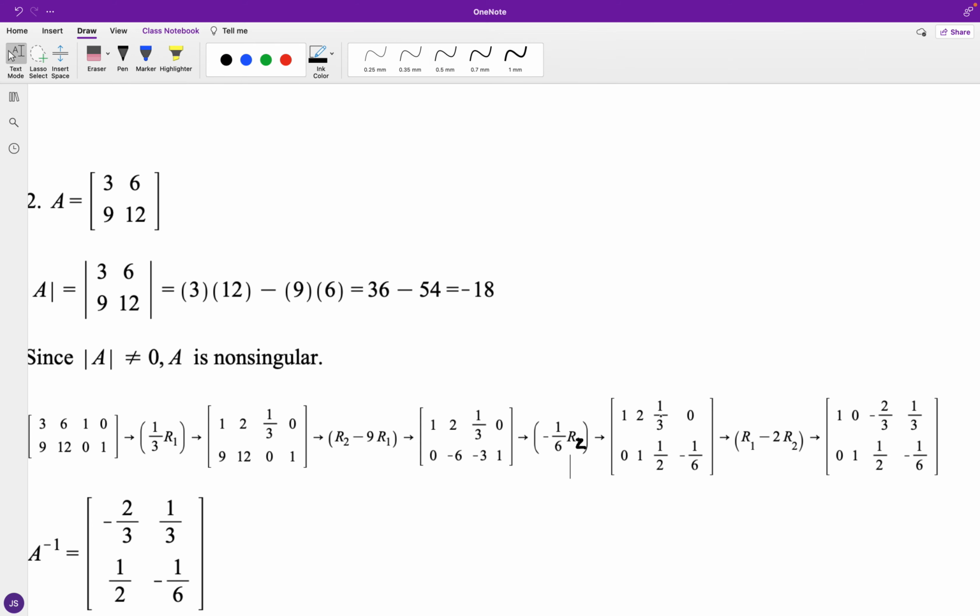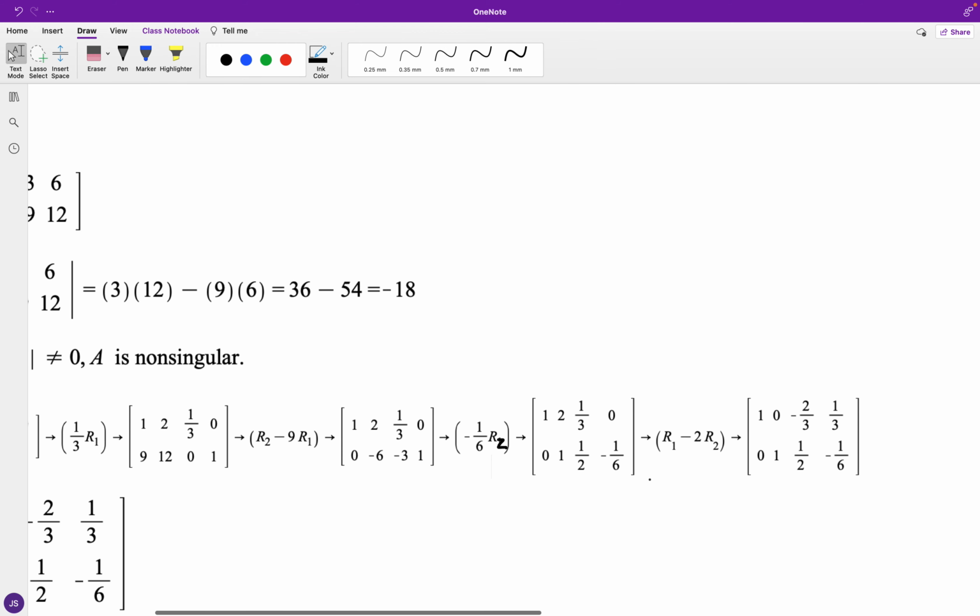So now we've got 1, 2, 1/3, and 0, and 0, 1, 1/2, negative 1/6. To convert the 2 in the second column to 0, I take twice the second row elements away from the top row. The top row now has 1, 0, negative 2/3, 1/3. The bottom row has 0, 1, 1/2, negative 1/6.